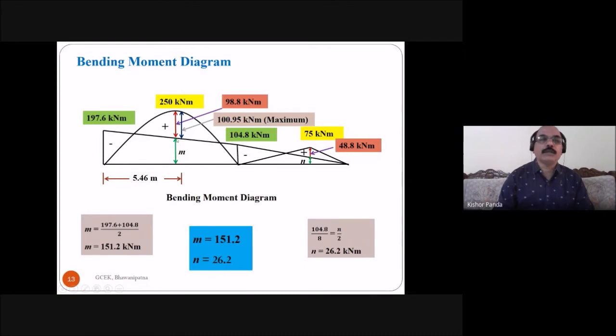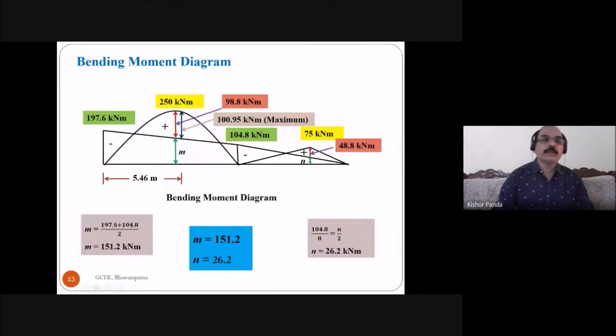So at the midpoint, let us take this ordinate as M. After knowing this ordinate, because you know the total free BMD is 250 kilonewton meter, after deducting this portion you will find the positive moment at the midpoint of span AB.